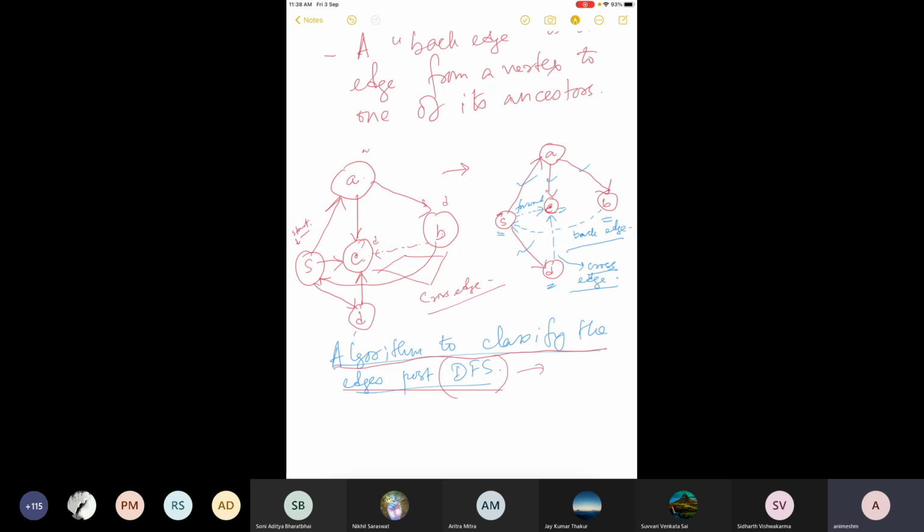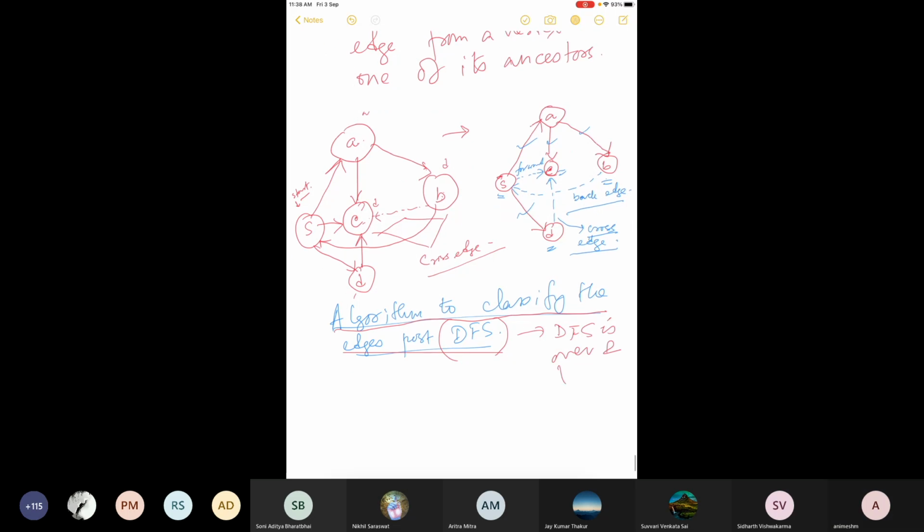That means the DFS is done, DFS is over, and the tree is ready. Only then can you comment on the other types of edges. Yes.